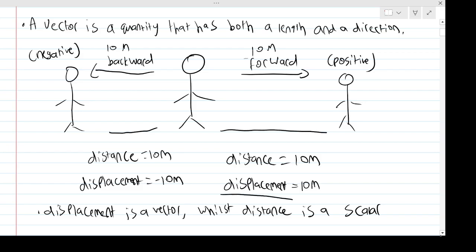Displacement is the vector where it can be positive or negative, meaning if it goes forwards it's positive, but if it goes backwards then it'd be negative. So it adds that direction part as well. That is what a vector is, plain and simple. It encapsulates the length, in this case how far they go, but also where they go. So is it positive or negative, forwards or backwards? And that is simply the idea of a vector. Okay, cool.